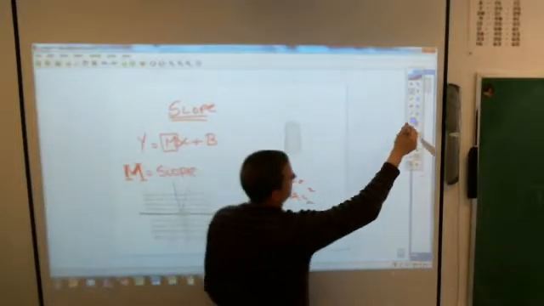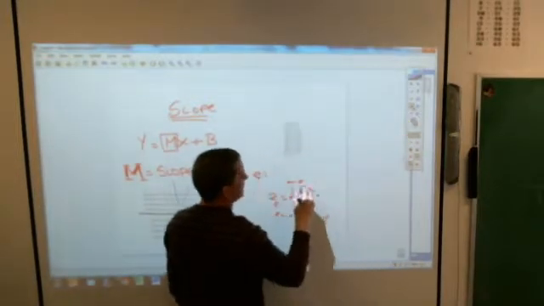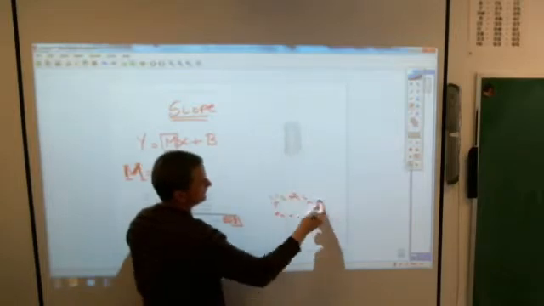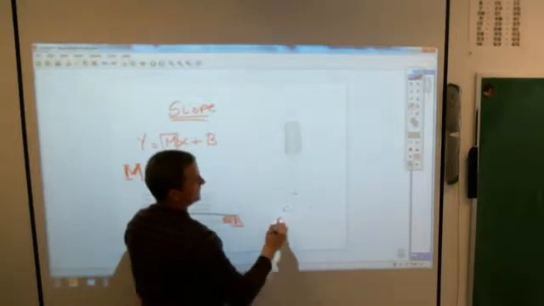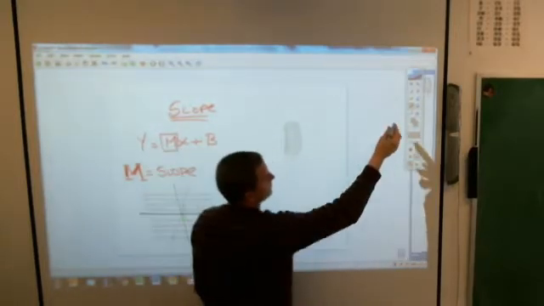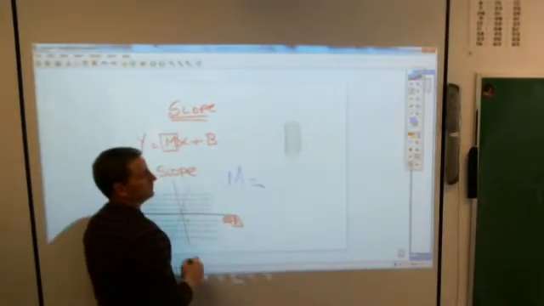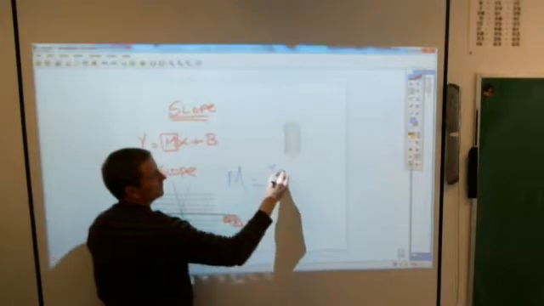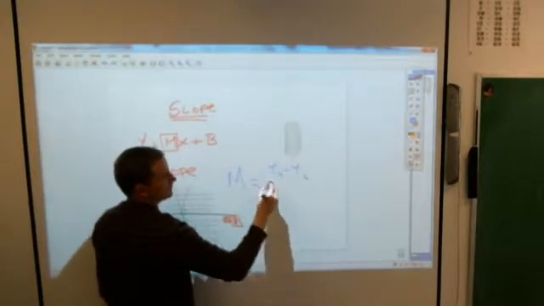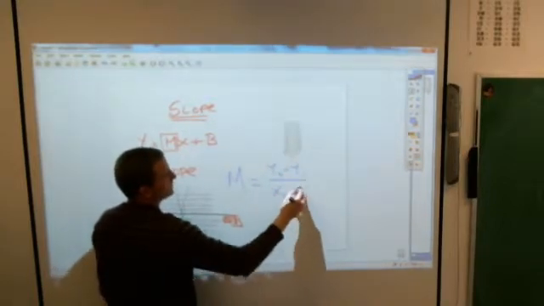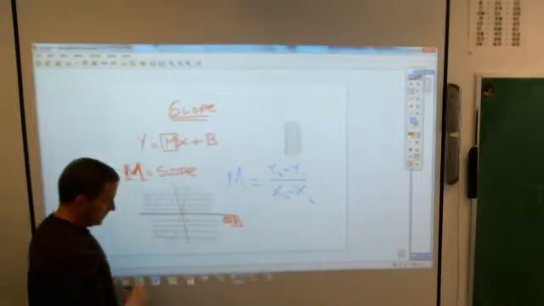And here it is. Write it down, so the next time you see it, you'll say, I know what that is. The slope formula is this: M equals y sub 2 minus y sub 1 over x sub 2 minus x sub 1. Makes sense.